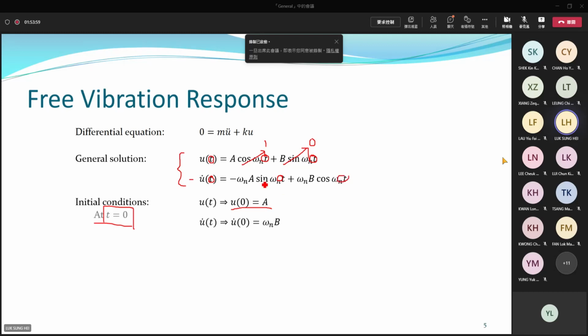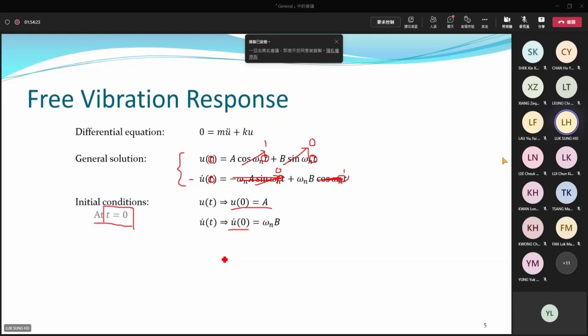Similar things: sine 0 gives you 0, so the first term is 0. And then for the second term, cosine 0 equals 1, so only omega B remains on the right-hand side. So the initial velocity, u dot 0, equals omega B.